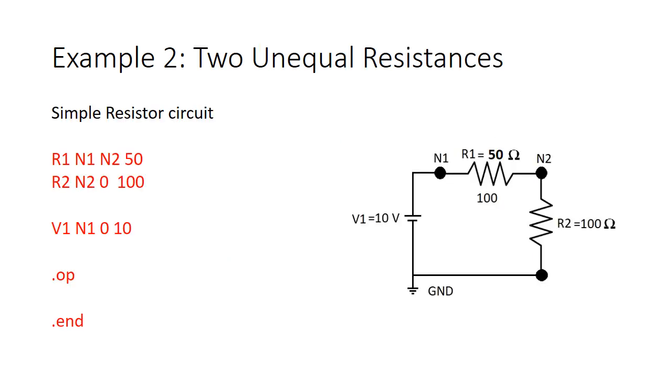Now we just change a little bit in our example 1. Instead of making the two resistors equal, we just make resistor R1 50 ohm. So in the netlist file, we will go and edit the first statement, R1 followed by N1, N2, and the value, instead of 100, we make it 50, and again do the simulation.